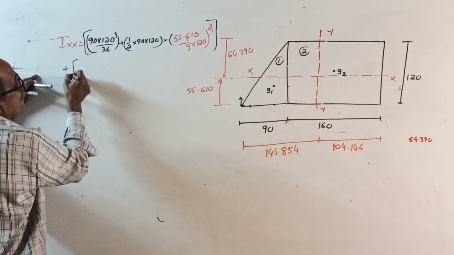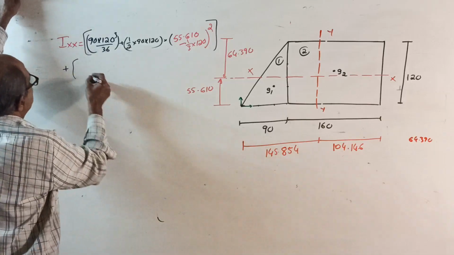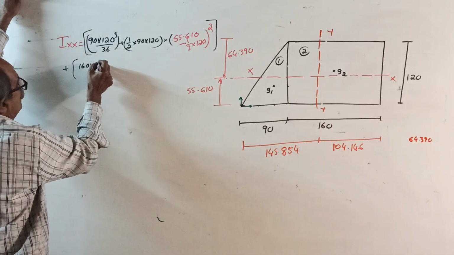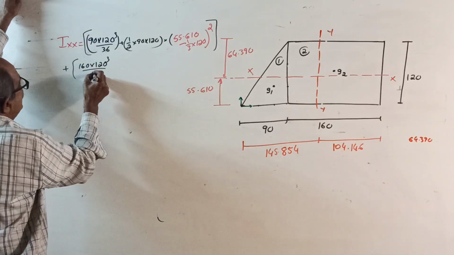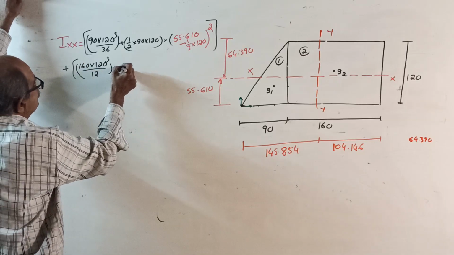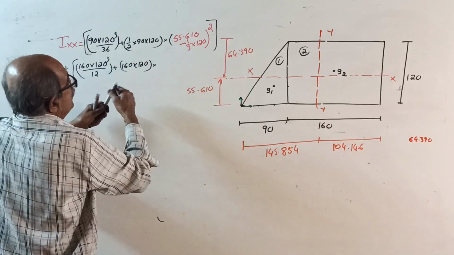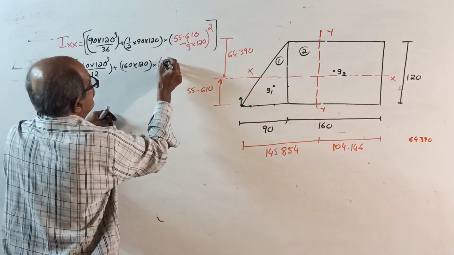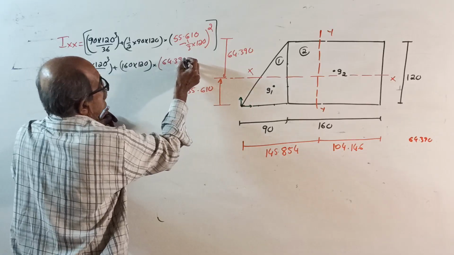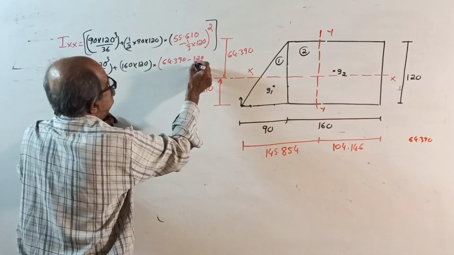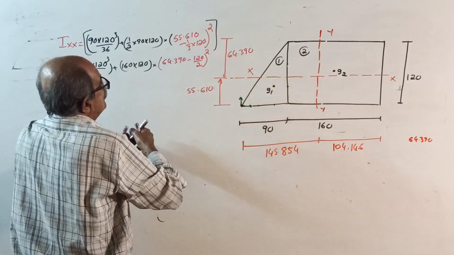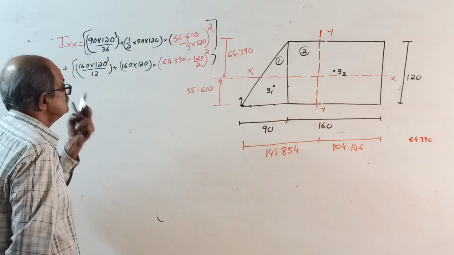Plus the rectangle about xx: 160 into 120 cube divided by 12 plus 160 into 120, the area, into 64.390 minus 120 by 2 whole square. Over.